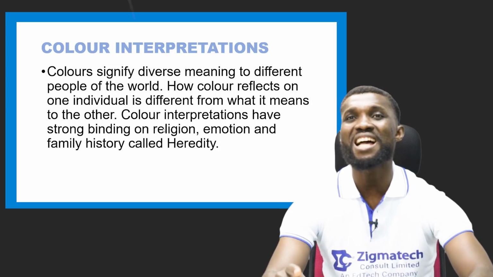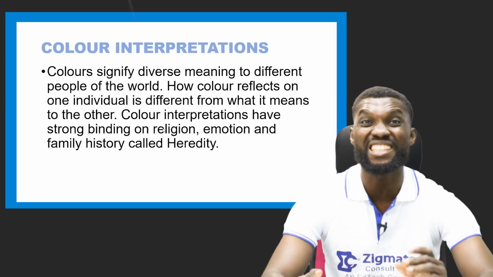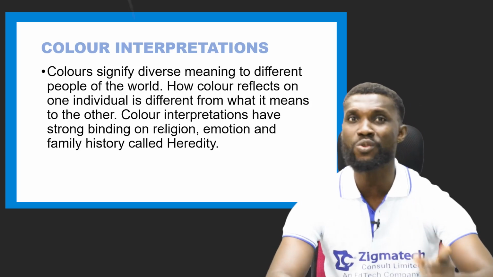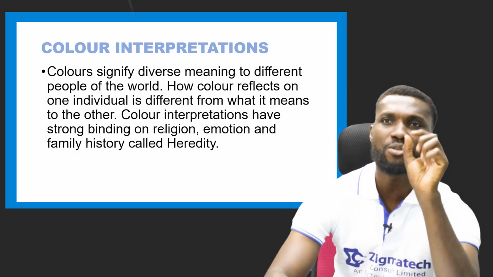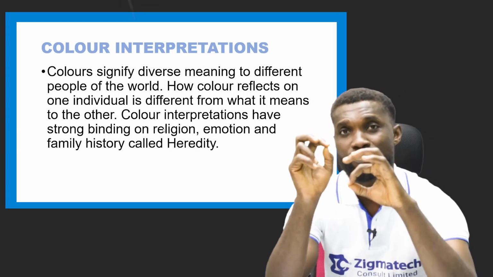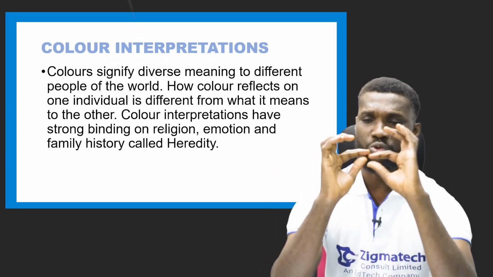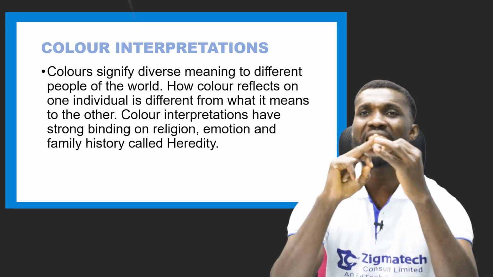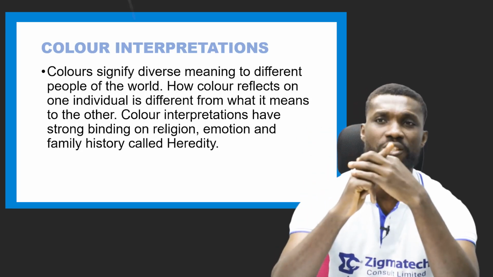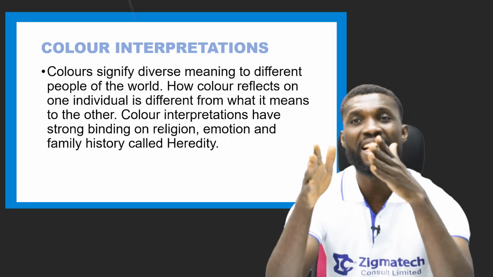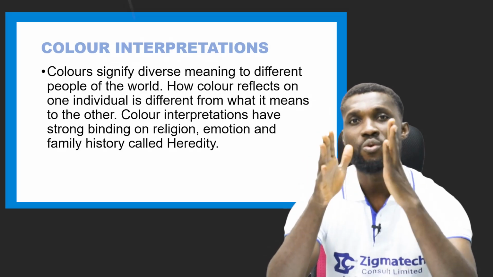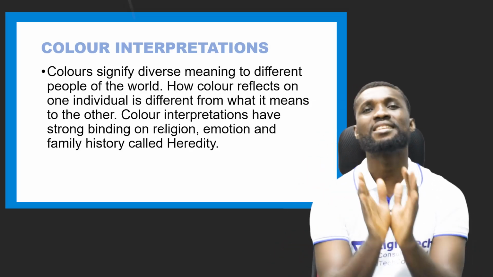Color interpretations have strong bindings on religion. To some religions they don't like black. Black means mourning, while to some, white means mourning. You tie color to religion, emotion, and family history, which is called hereditary. So these are the interpretations.